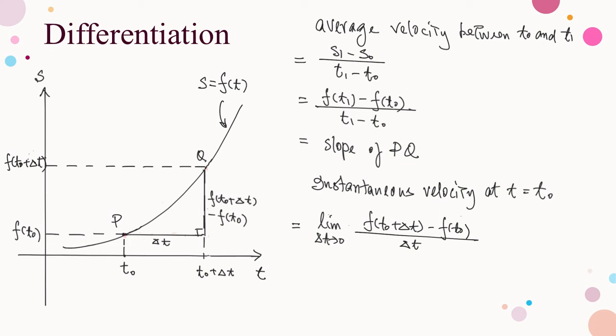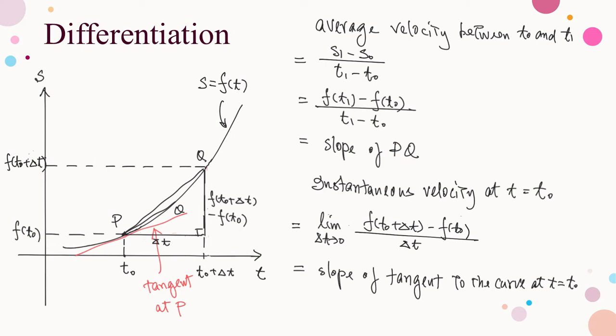Refer to the diagram. When delta t gets smaller, Q gets closer to P. The line PQ approaches the tangent at P. Thus, when the limit is taken, this value is the slope of the tangent to the curve at t equals t0.